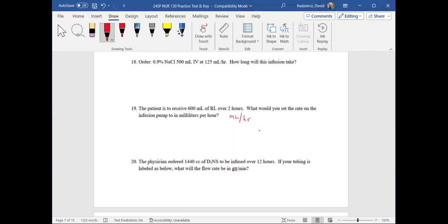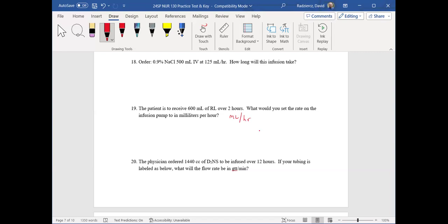The volume that we typically deal with in nursing is milliliters and cc's. The other type that you might deal with is drops, which is abbreviated GTT, and we'll go into an example of that in just a moment. So anytime they ask you what you would set the flow rate to, especially on ATI where they don't give you the units to solve for, they're asking for milliliters per hour, volume over time.